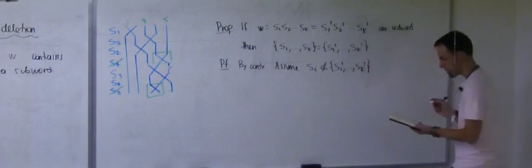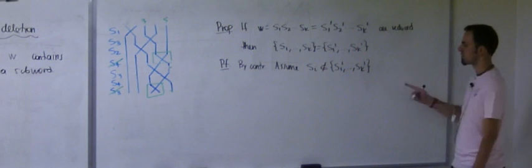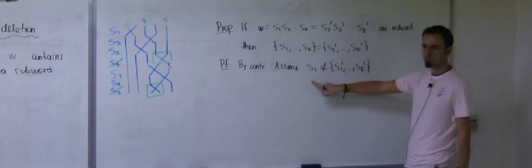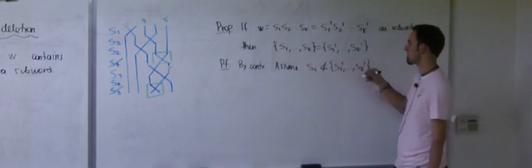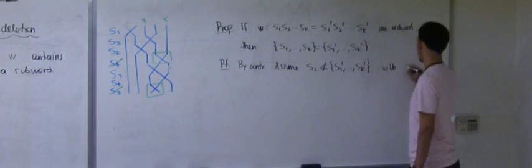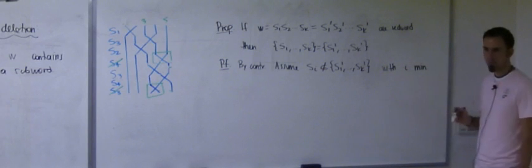Okay? And you'll see why it's going to be convenient that I'm just going to choose the smallest such i. The smallest Si that doesn't appear here, with i minimum. Okay?